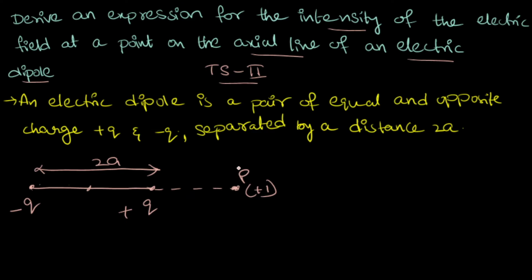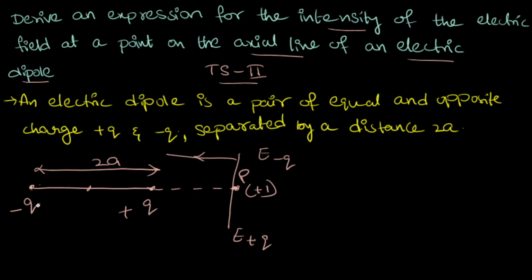We have two different electric fields at this point P. One is due to the negative charge and the other is due to the positive charge. As one charge is negative and the other is positive, the force between them is an attractive force, so the force direction will be this one.